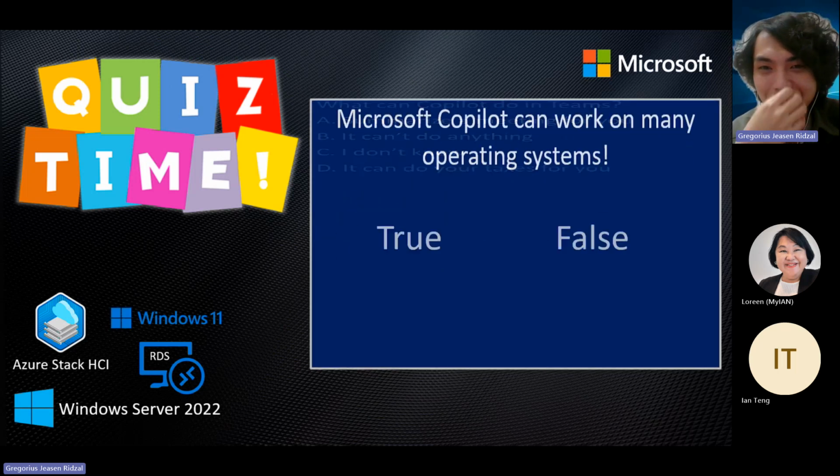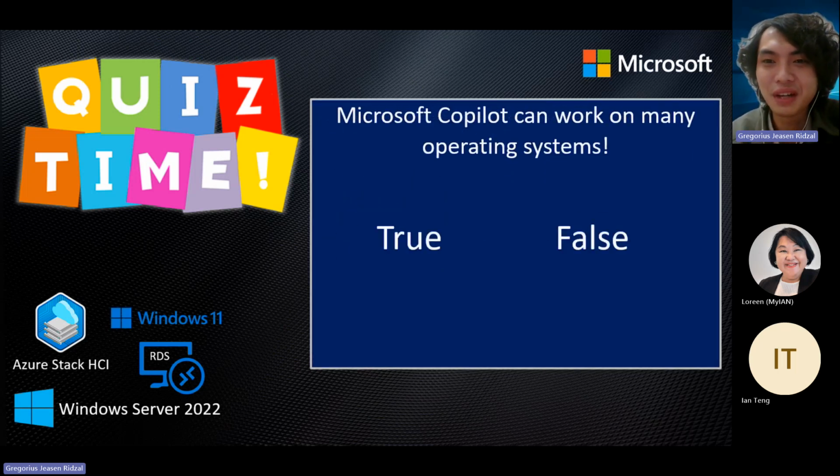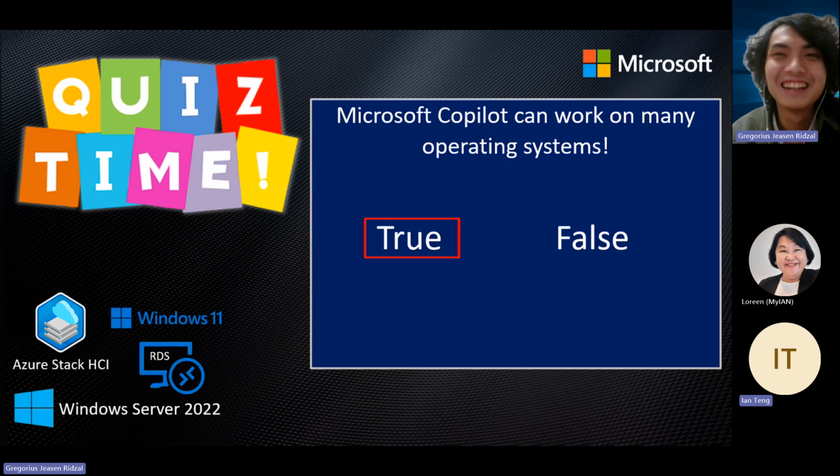And last question, Microsoft Copilot can work on many operating systems. Well, we remember that it worked on Apple iOS. And of course, as I talked a little bit earlier, I've tried the Android version. So that's two operating systems. And I guess it works on Windows? Yes, true.